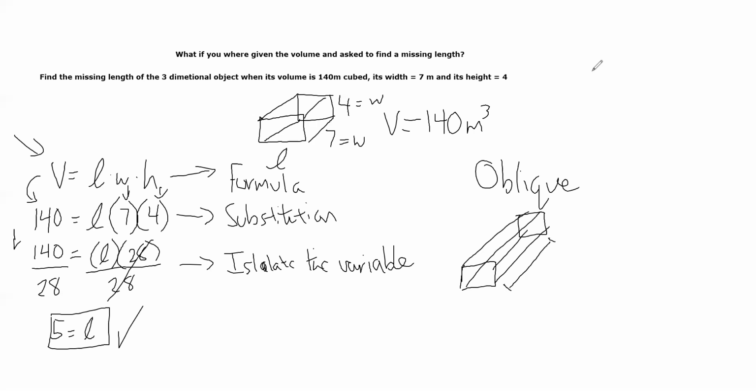The best way I can describe an oblique shape is that it's kind of curved. This is still normal-ish. This is like the normal shape. However, an oblique shape would be kind of like this.